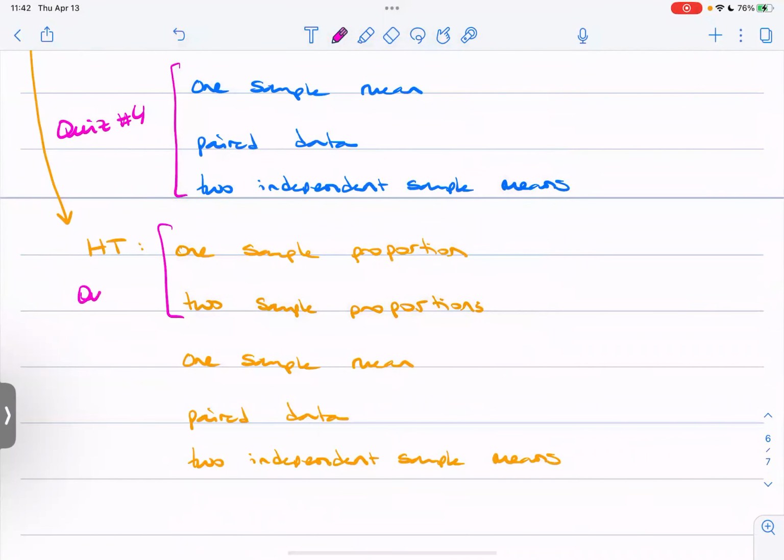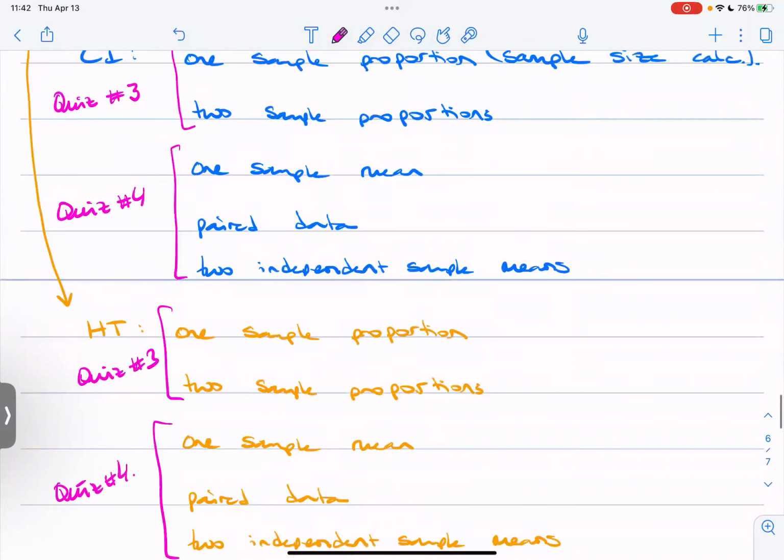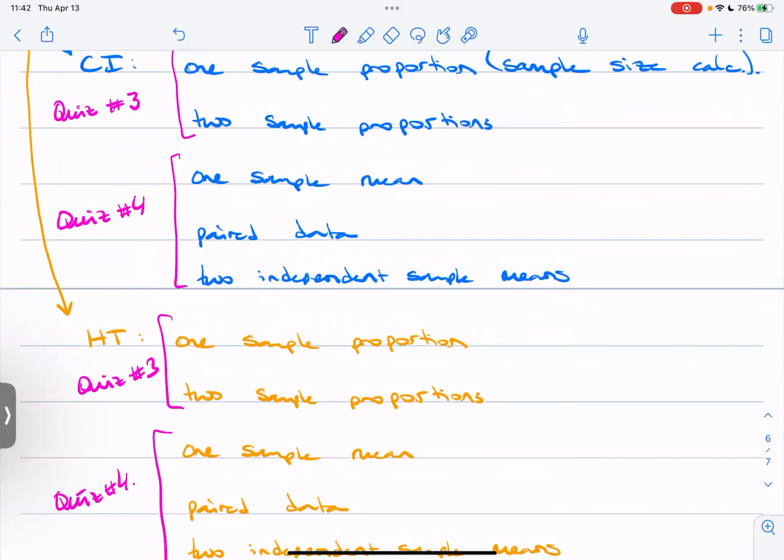So this is from quiz number 3, and this is from quiz number 4. Lots of options, I know that. But three of the questions are from here. Okay.